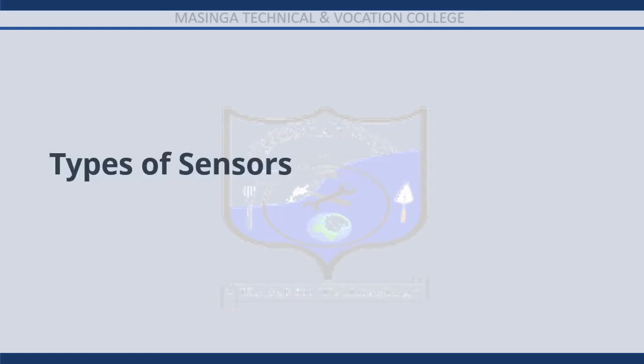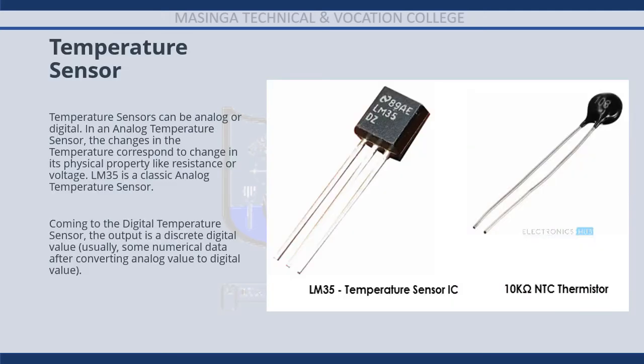We are now going to look at the common types of sensors. Keep in mind that these sensors can fall under any of the multiple categories which we have looked at. The first sensor we're going to look at is the temperature sensor. As stated, it can be analog or digital in nature. A change in temperature can correspond to a change in a physical property like resistance or voltage in the sensor.